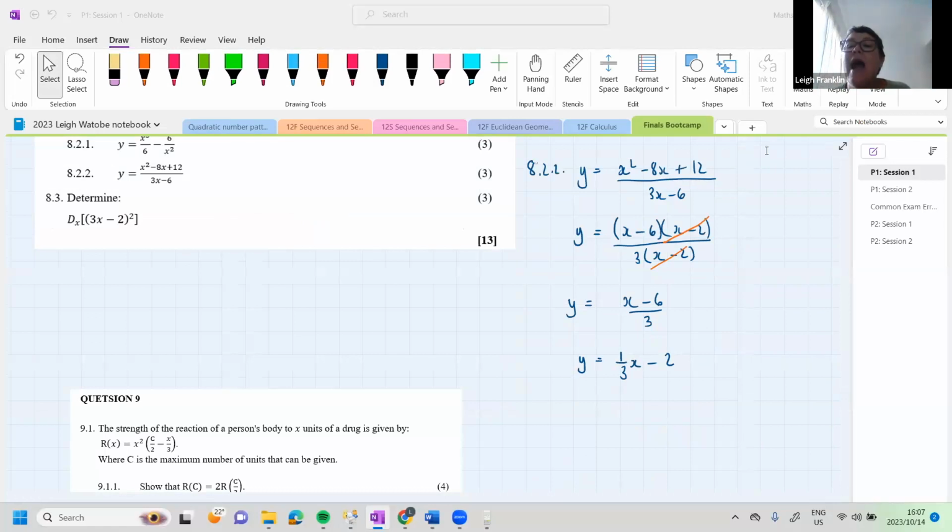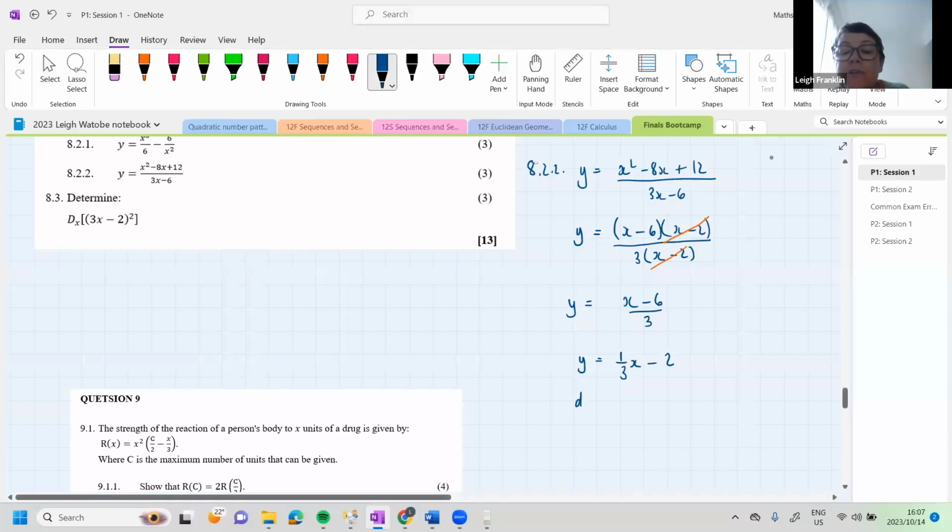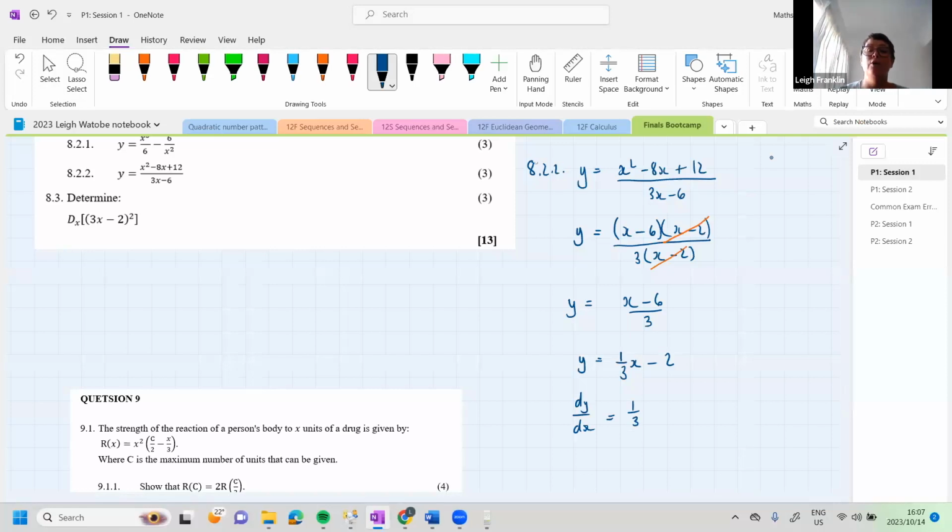Cool. All right. And now you're going to differentiate. Okay, so the derivative of y with respect to x, 1 times a third is a third. And then obviously I'm going to take my 0 away and my minus 2 will fall away. So dy over dx, it's actually the gradient of a straight line, which would be 1 over 3.